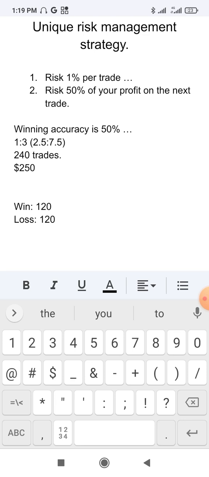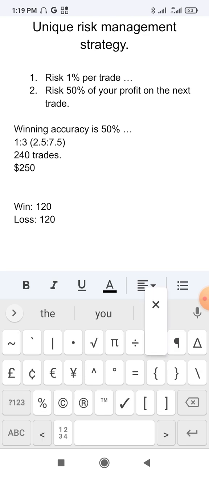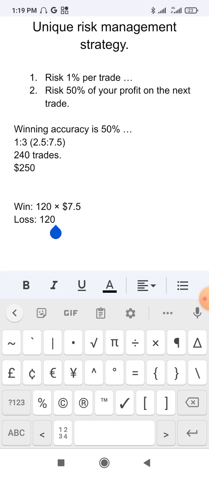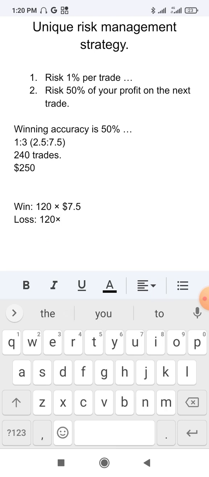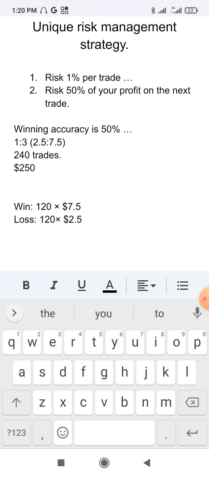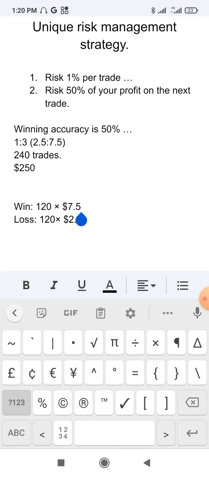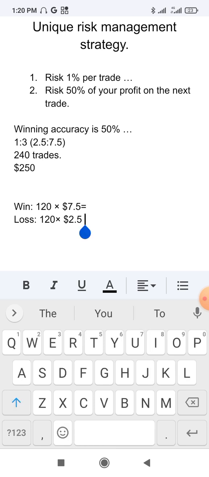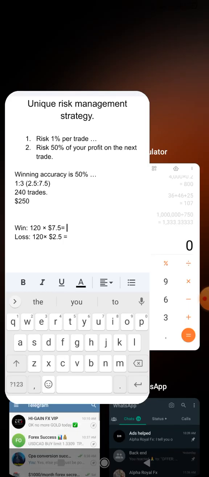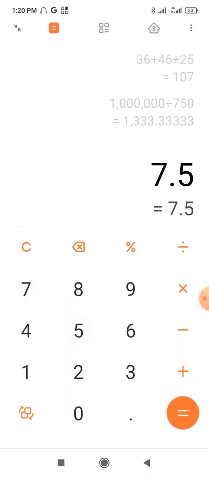So our wins are going to be 120 times $7.5, and our losses, which is what we lose on a trade, on each trade we are going to lose 2.5. Don't forget 1:3. So 7.5 times 120, let's do a little calculation.